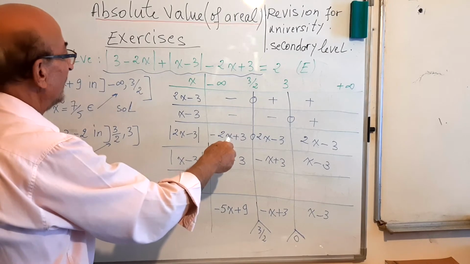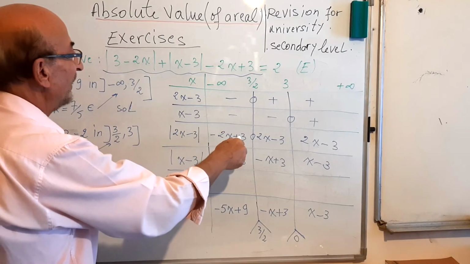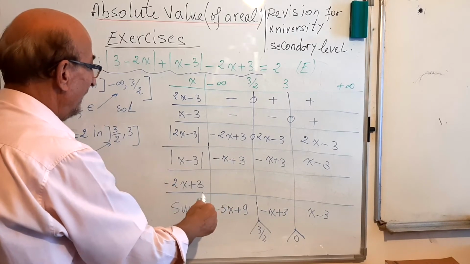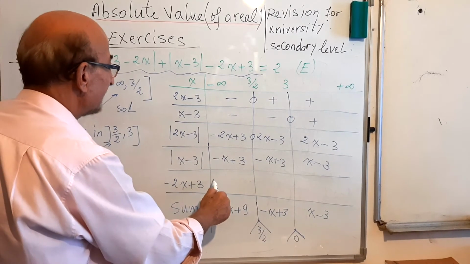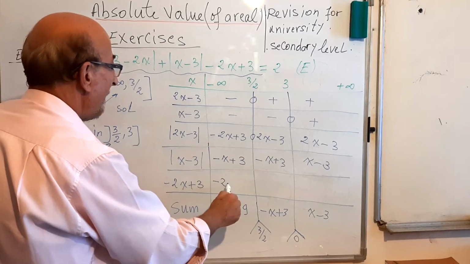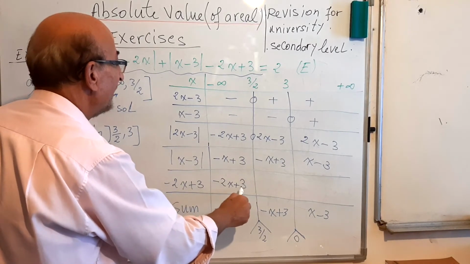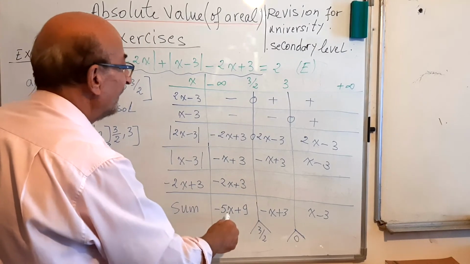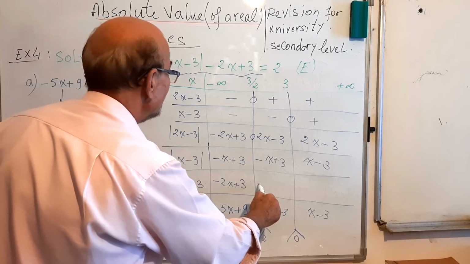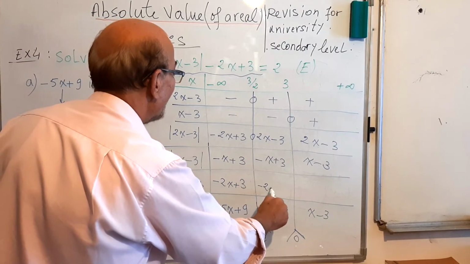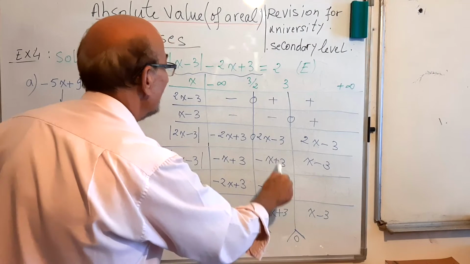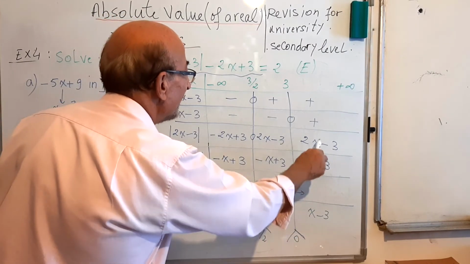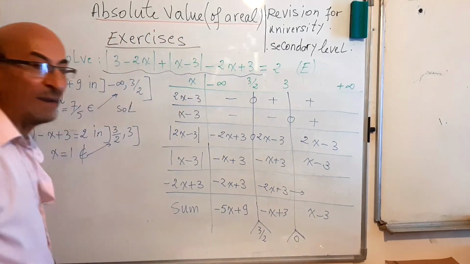Now we add minus 2x plus 3 plus minus x plus 3 to obtain minus 3x plus 6. Also, in the middle interval the sum is minus x plus 3, and in the last the sum is x minus 3.